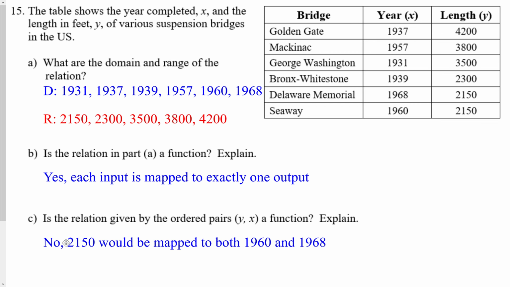In this case, this would not represent a function because the length 2,150 feet would be mapped to both 1960 and 1968. Therefore, it is not a function, as it has two output values.